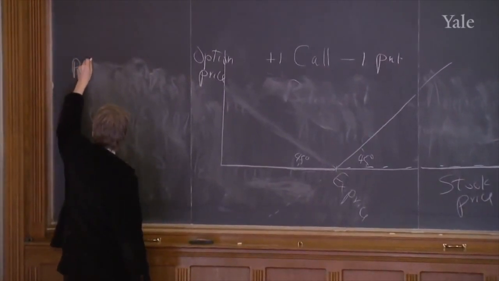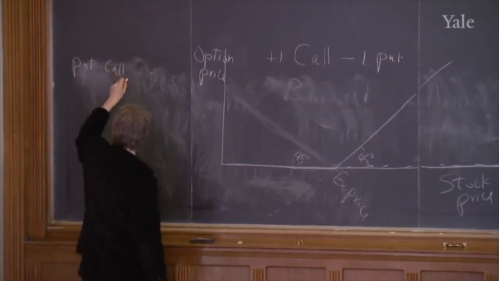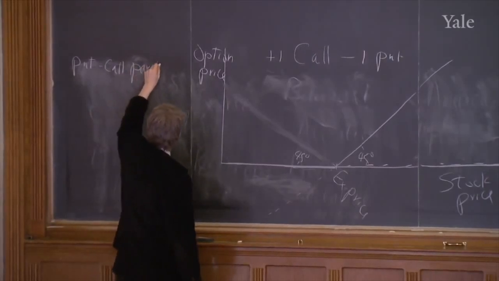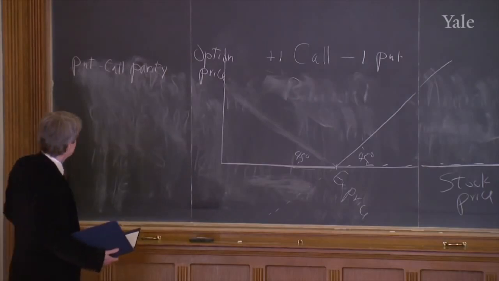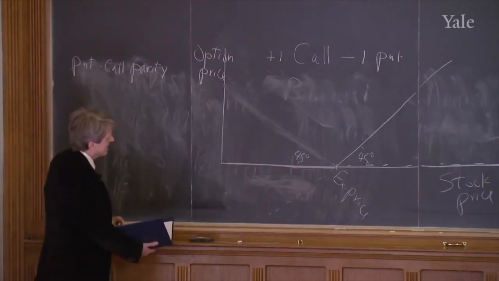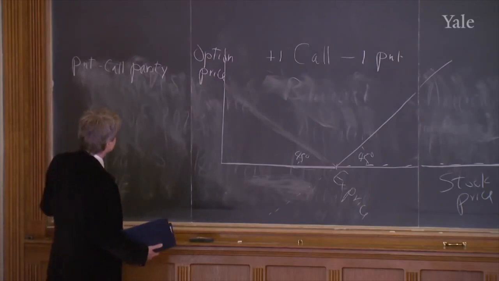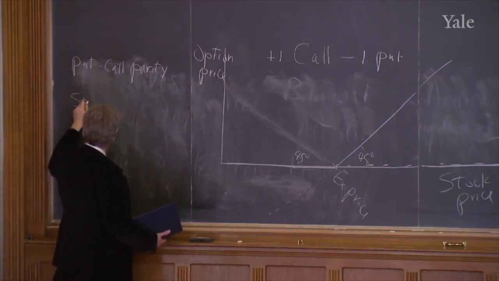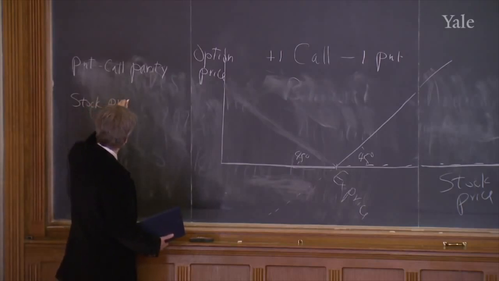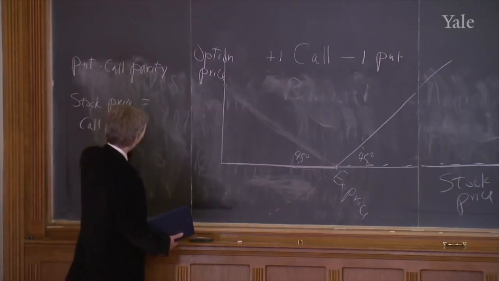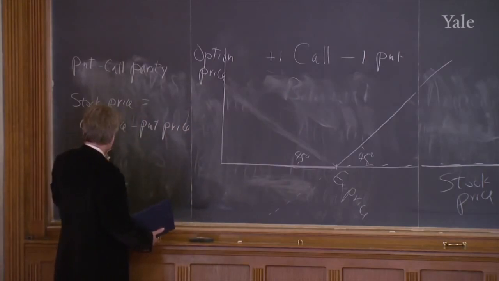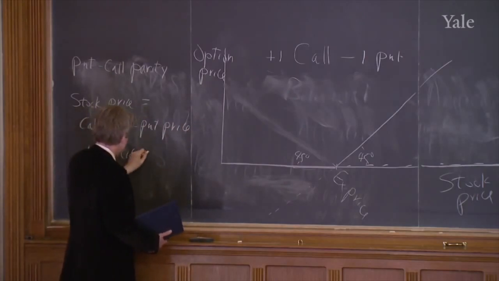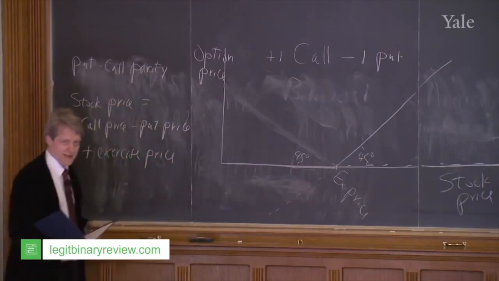So put-call parity. There are different ways of writing this, but it says that the stock price equals the call price minus the put price plus the exercise price on the last day, on the exercise day, right?